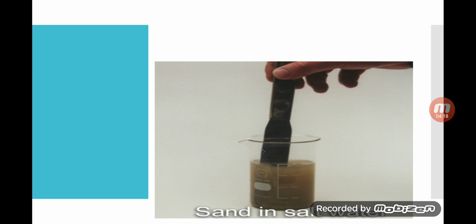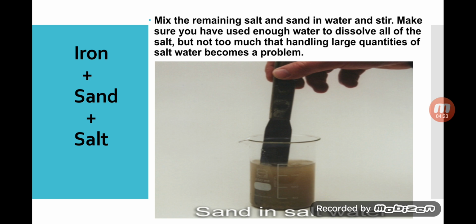After that, after removing iron, what will you do? Let's see. Mix the remaining salt and sand in water and stir. Make sure you have used enough water to dissolve all the salt, but not so much that handling a large quantity of salt water becomes a problem.